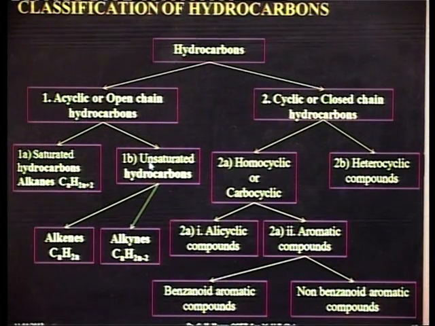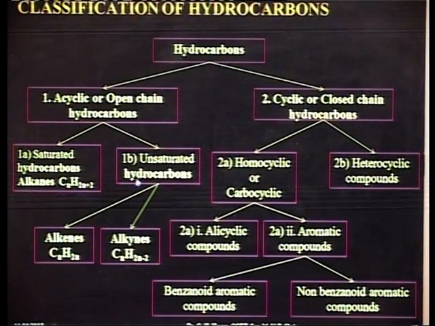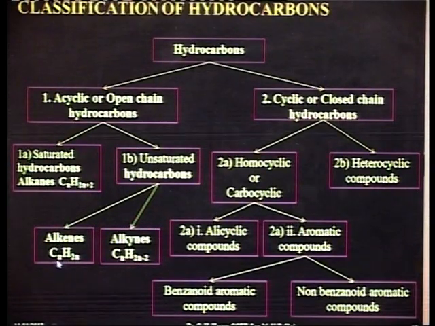There are other classes of hydrocarbons in which we can find either one double bond or one triple bond in a given hydrocarbon chain. They are called alkenes if you have one double bond, and alkynes if you have one triple bond. Alkenes have the general formula CnH2n, and alkynes have the general molecular formula CnH2n-2.